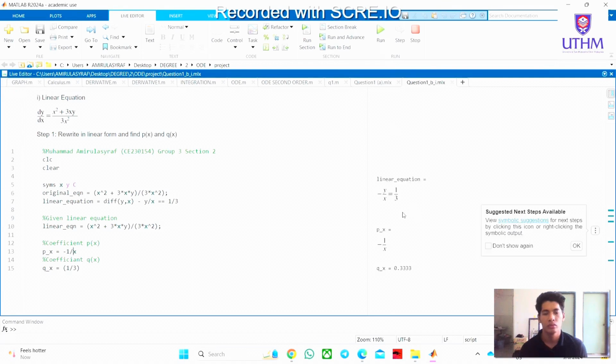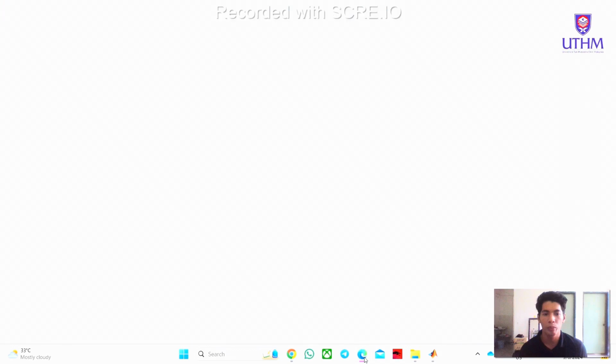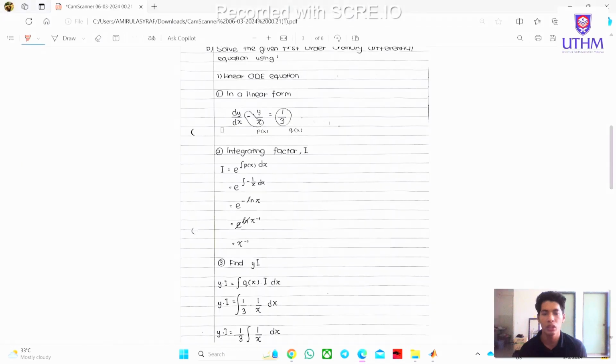And we get minus y over x equal 1 over 3. So this answer is already in linear form. So we just compare with our manual calculation. In our manual calculation, it is the same.